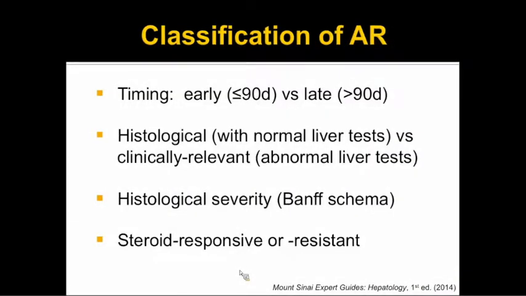Before you go further, I'm happy that you used our Mount Sinai expert guides in terms of the algorithm for assessing rejection, but we do spend a lot of time looking at labs, especially early on in the first 6 months of transplant here, and looking for subtle biochemical signs that suggest there's a problem with the allograft. And so, despite the fact that it's non-specific, we rule out major causes structurally, depending on the patient, of course.